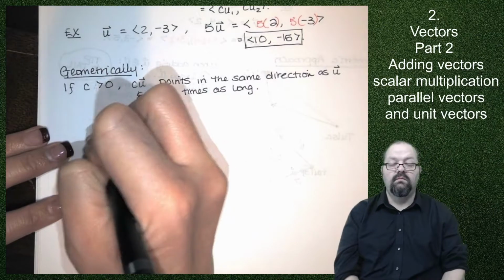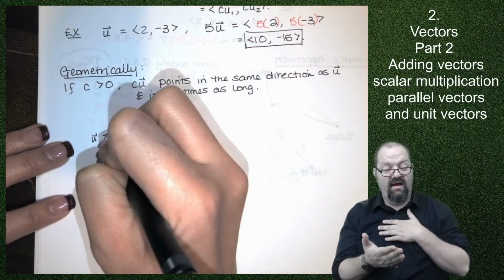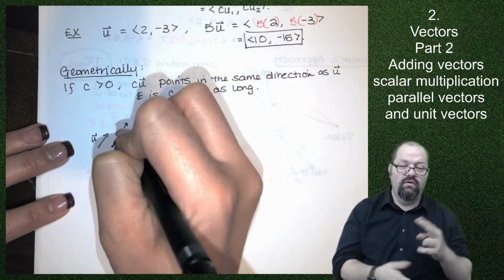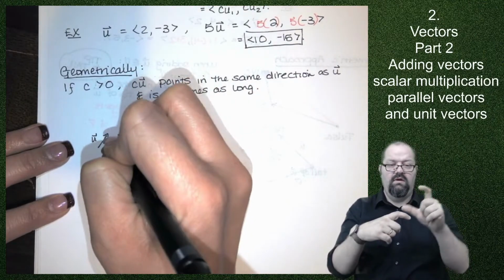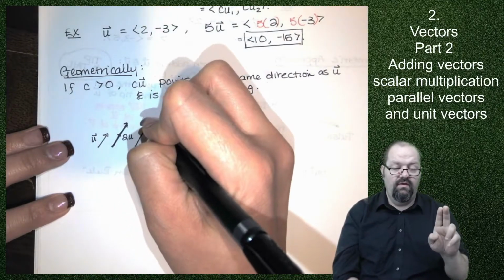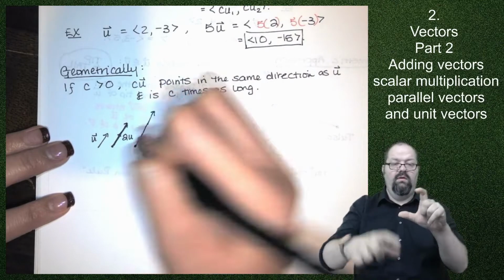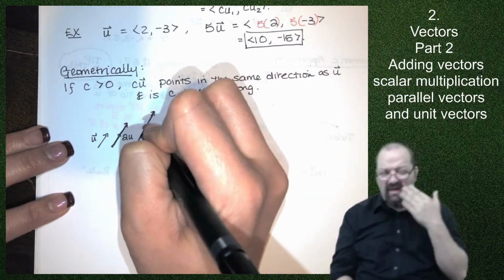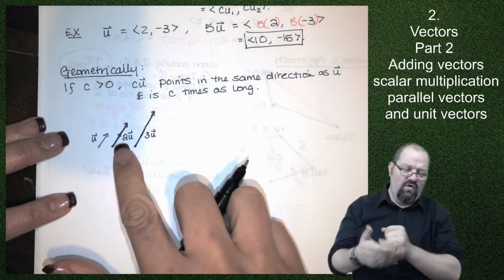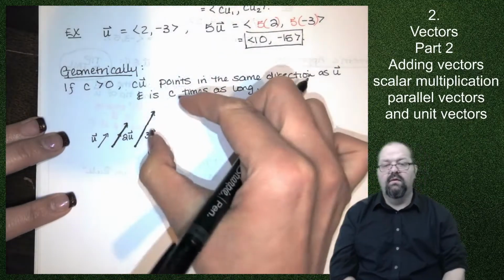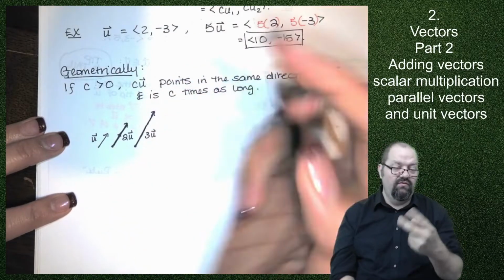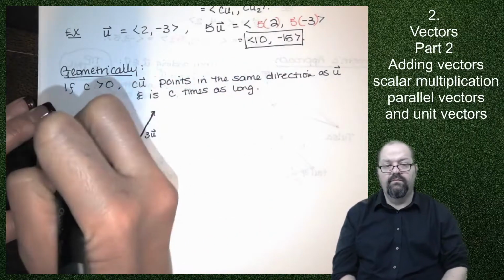So if this is my vector u, that's 1u, that's 2u. It's going to be the vector that goes from there to there like that. 3u. I'm not sure if I'm getting the length exactly right because I'm drawing this by hand, but you get the idea. That's 1u, that's 2u, that's 3u. And just multiply the vector by 2. It's twice as long. Multiply it by 3. It's 3 times as long. Multiply it by a half. Half as long.